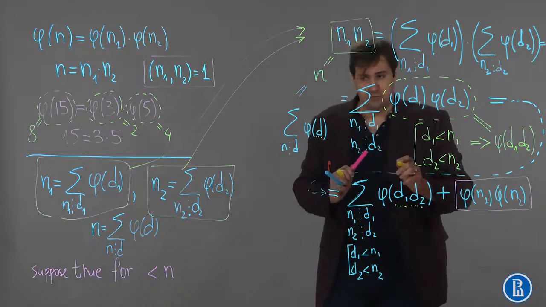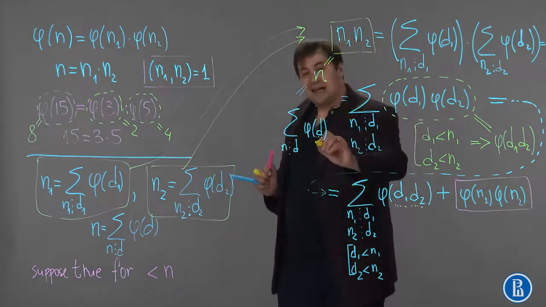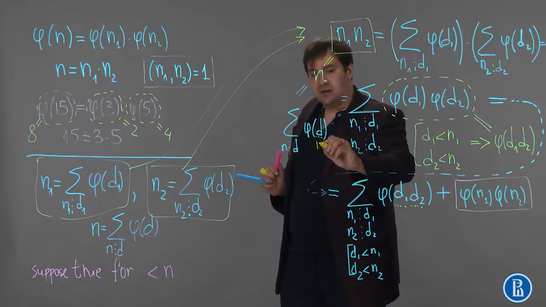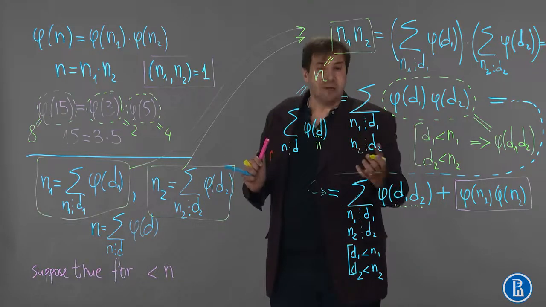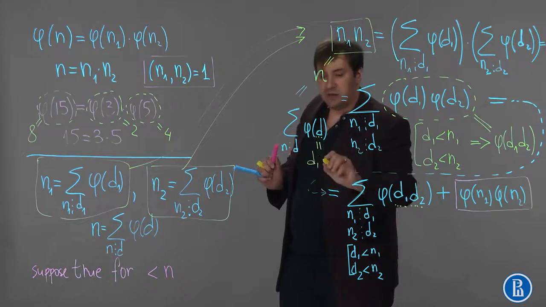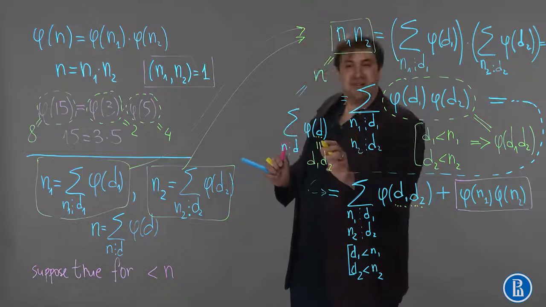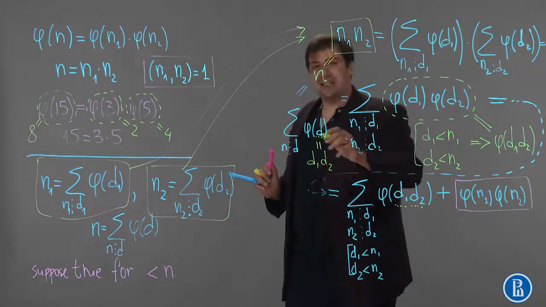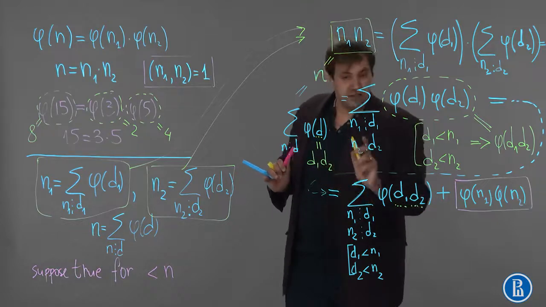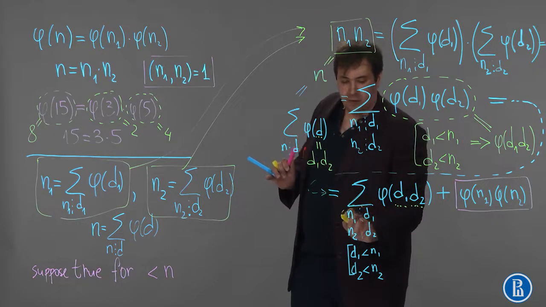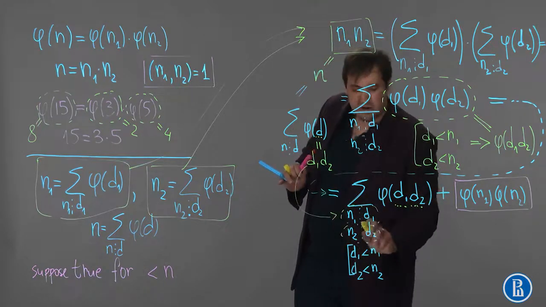Well, actually, it's easy to prove, it's easy to understand that every divisor of n can be decomposed into products of two numbers, d1 and d2, such that d1 is a divisor of n1 and d2 is a divisor of n2.